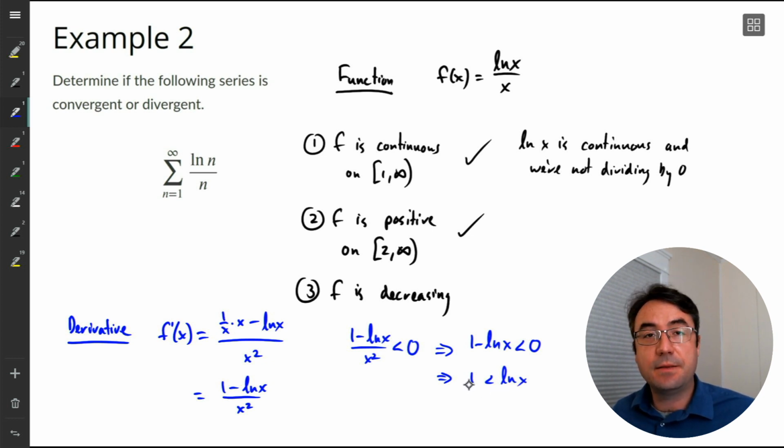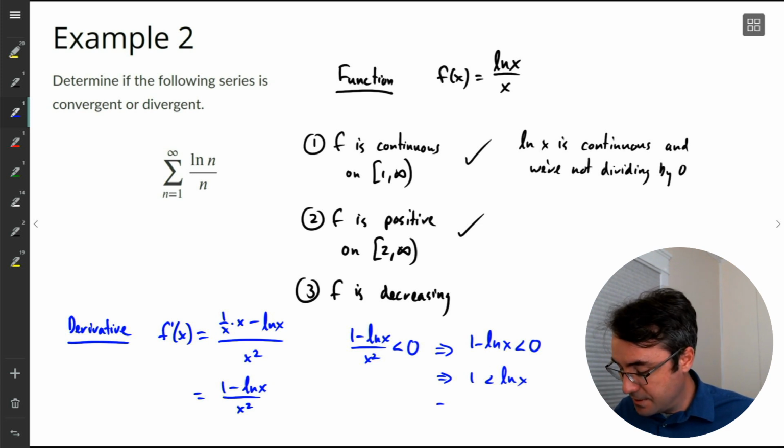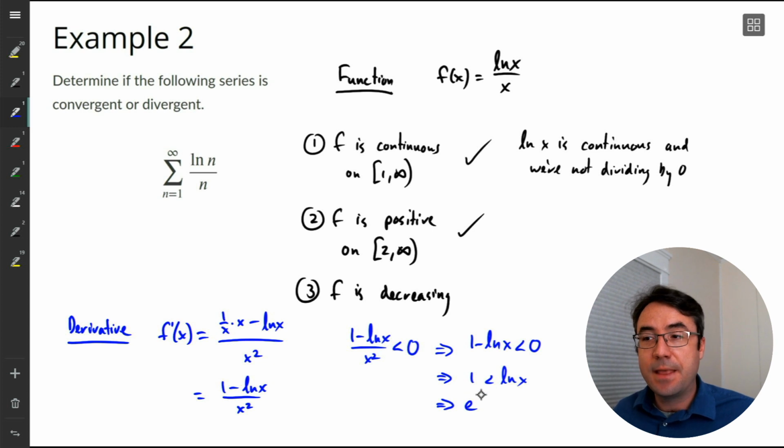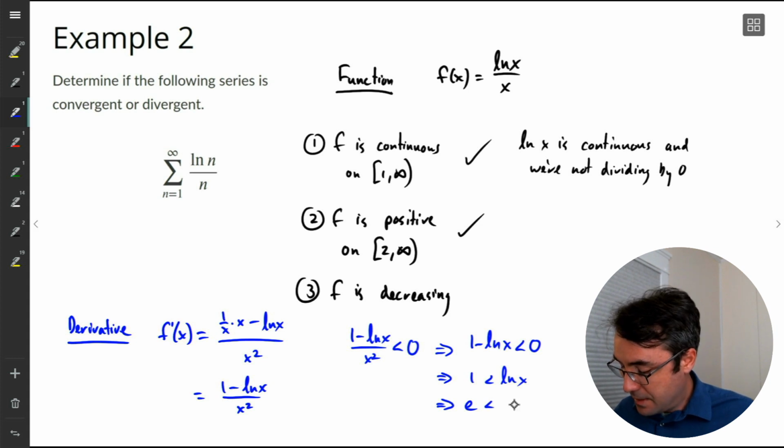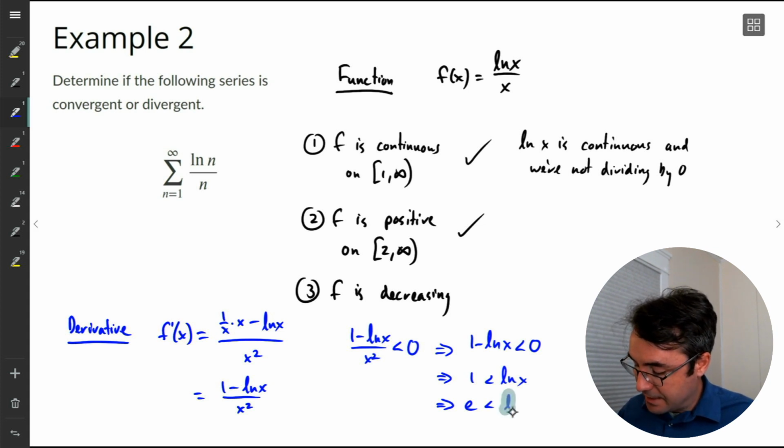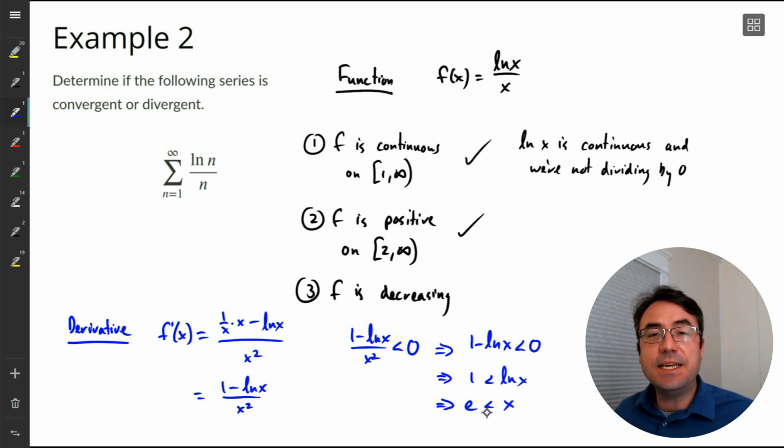And if we apply the exponential function to both sides, we get e raised to the 1 on the left, so just e. And then we get e raised to the natural log x on the right, and the e and the natural log cancel, and we're left with just x. So we're seeing that f prime is negative when x is greater than the number e.